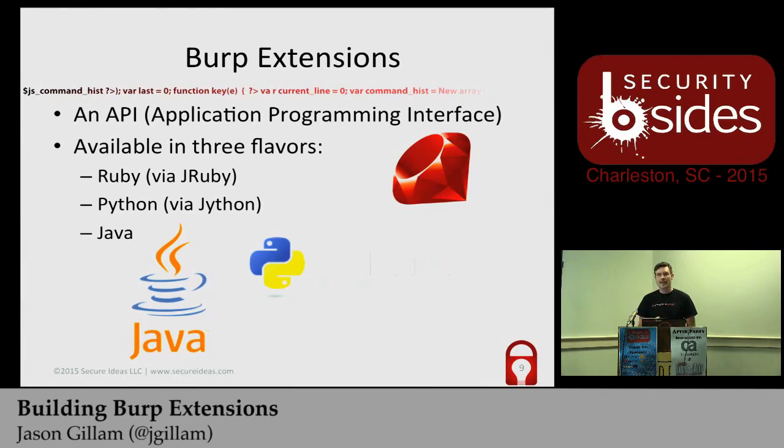If you're running just one or two of them, it's not usually a problem. But if you're running a lot of Python or Ruby-based extensions, it can exhaust all of the memory in your Burp instance and make it crash. So that's not good.